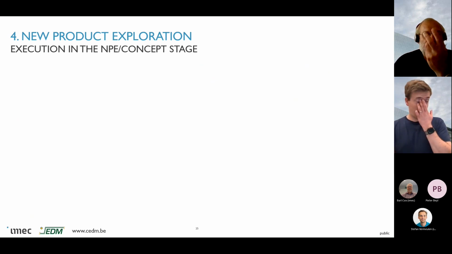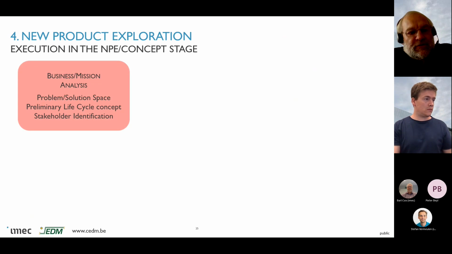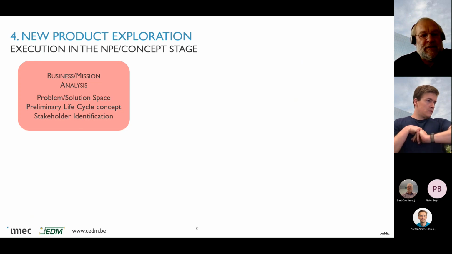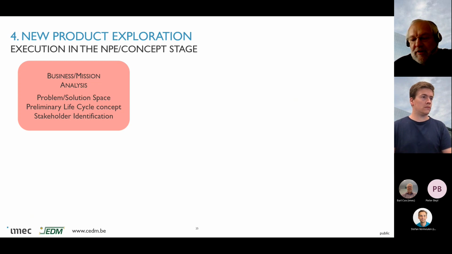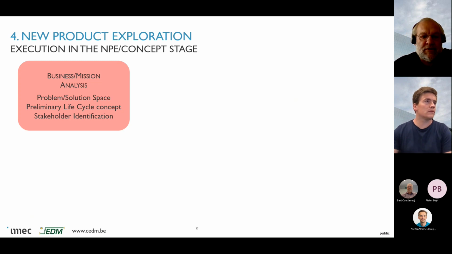Starting from the first ideas, the inputs we have defined, we start up the business analysis process where we do the problem and solution space exploration. We define a preliminary lifecycle concept and identify the stakeholders.